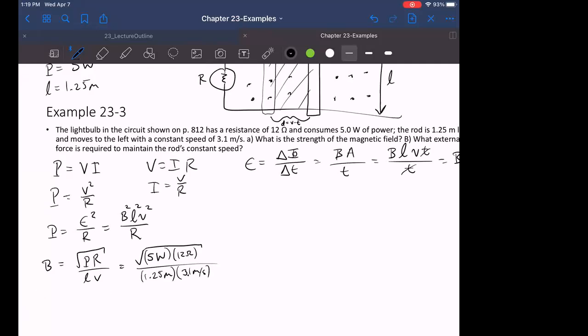So that's the square root of 60, which is a little less than 8. And it's 8 over, what is that going to be, like 4? So 2-ish. Is that right? One point what? And then Tesla. Okay. Any questions on that?